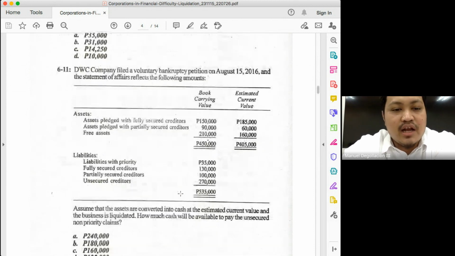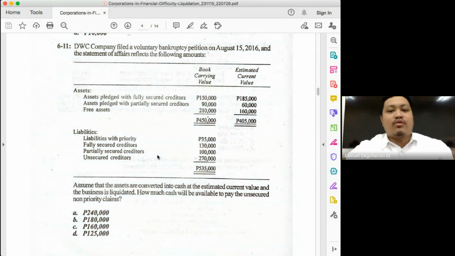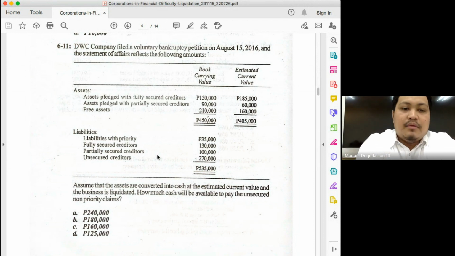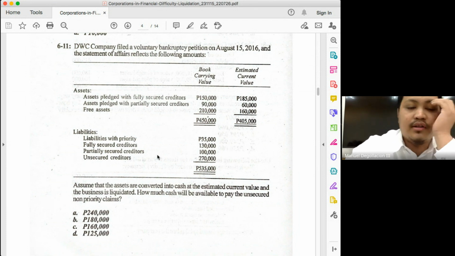Let's have 6-11. Assume that the assets are converted into cash at the estimated current value and the business is liquidated. How much cash will be available to pay the unsecured non-priority claims? Basically, this question, class, is asking you for the amount that will be received by your unsecured without priority.